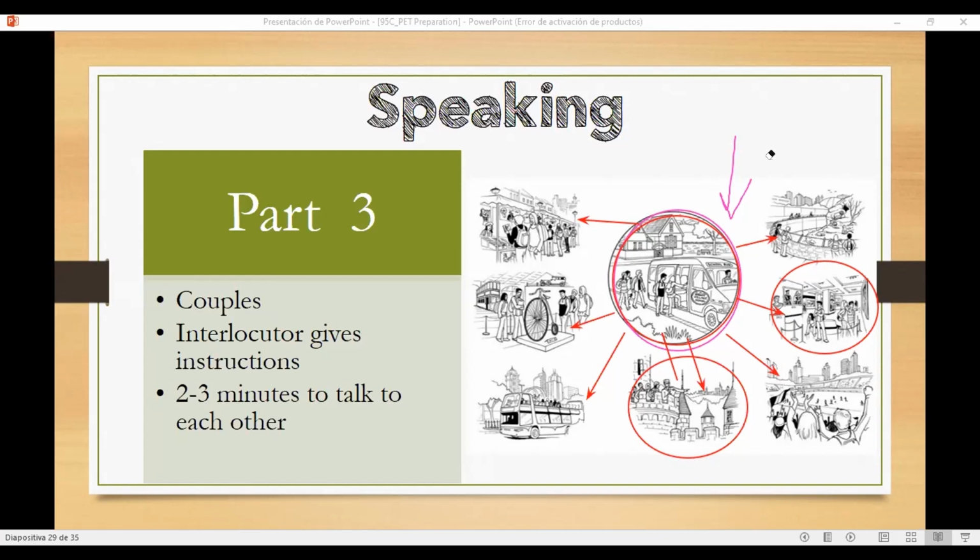En ese caso, ustedes tienen que tratar de volver a encaminar a la otra persona hacia la conversación. ¿Cómo hacemos eso? Podemos utilizar frases como, oh, that's interesting, but let's talk about the image. What do you think if they go to the museum? ¿Sí? Volvamos a la imagen. ¿Qué opinas de ellos yendo al museo?